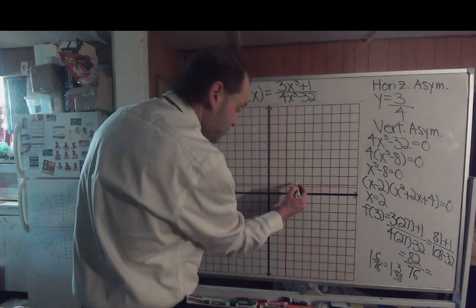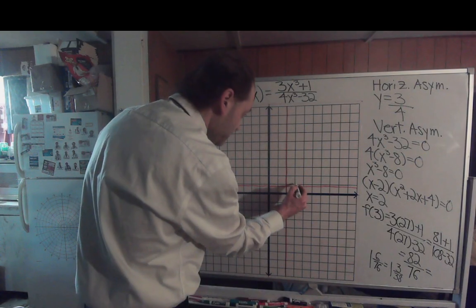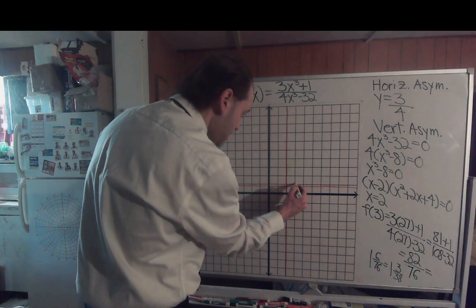So it's going to be very small. You would get 1 and 3/38 when x equals 3. So very small there.